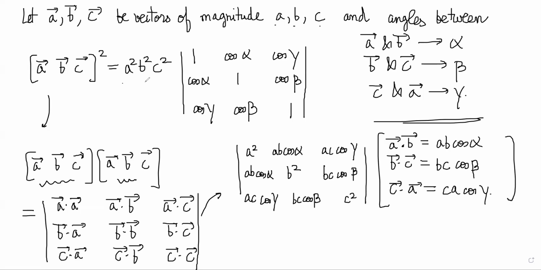And then if you take A square, B square, C square common, you will end up getting this. You can take A common from the first row. A can also be taken common from the first column. So you'll get A square. Then you can take B common from the second row and also from the second column. You'll get B square. So if you simplify it, it will come out to be this. Okay. Now, why is this going to be useful? Because this tells us this general rule.